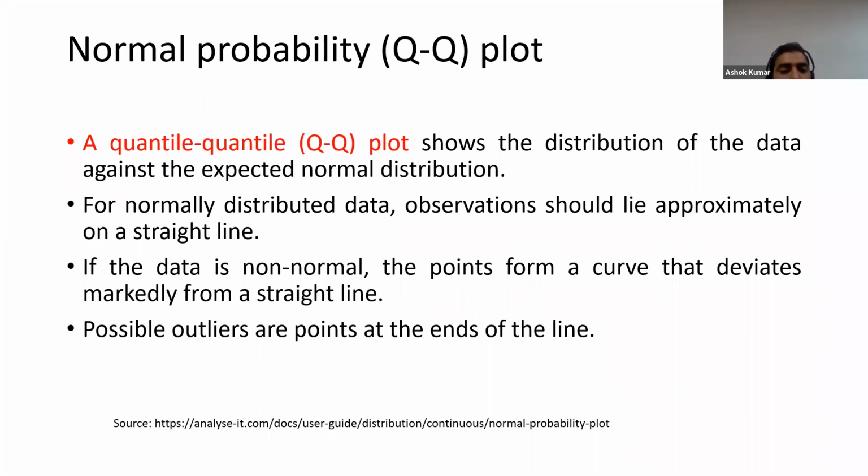For normally distributed data, observations should lie approximately on a straight line. I will show this graph on the next slide. If the data is non-normal, the points form a curve that deviates markedly from a straight line. Possible outliers are points at the ends of the line.